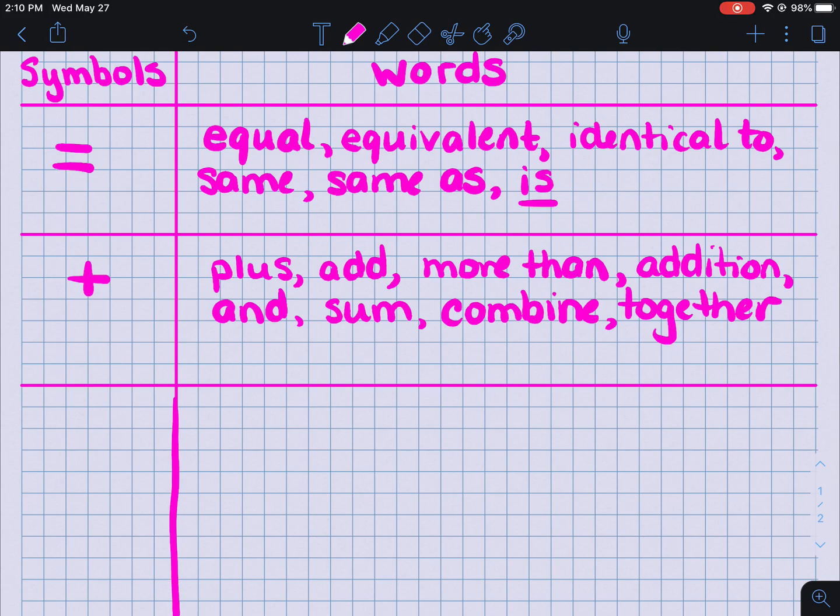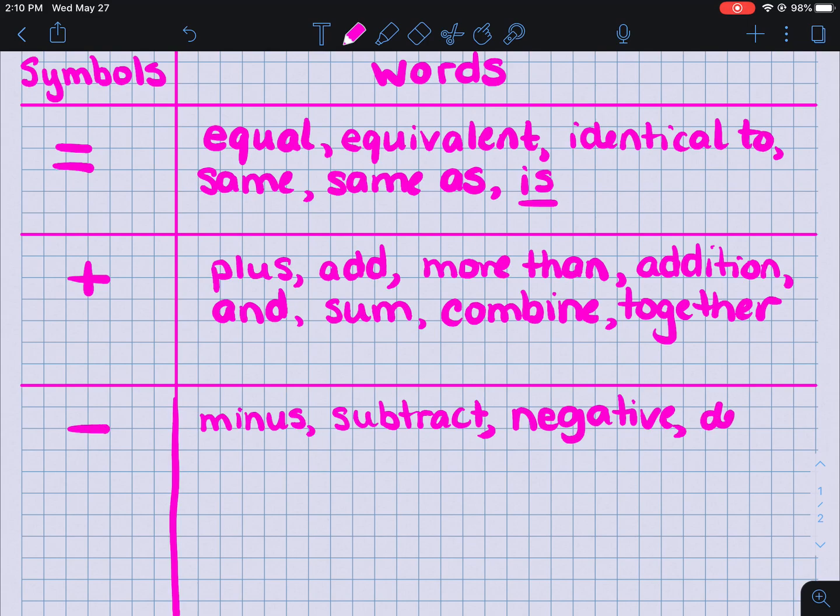Okay? All right, then the next one is minus. So we have minus, subtract, negative. Sometimes that will be a negative. They mean the same thing, just different words. Deduct, take away, less than.